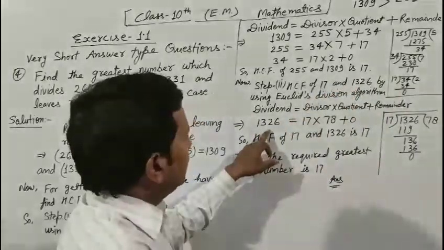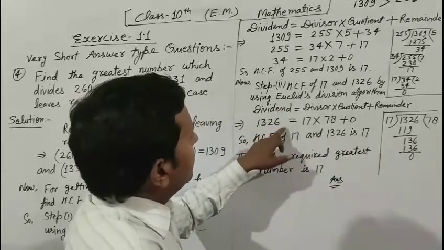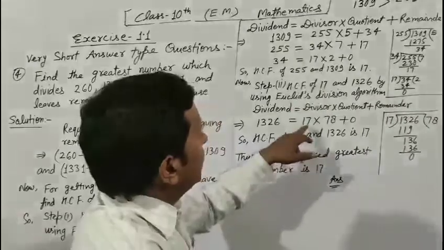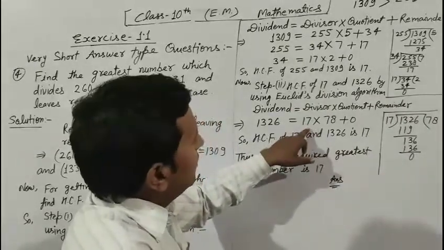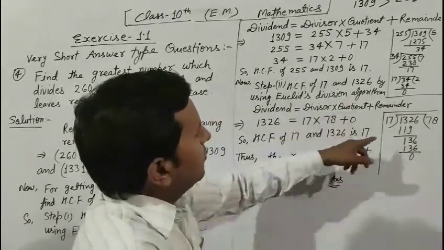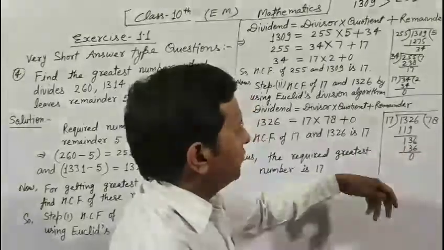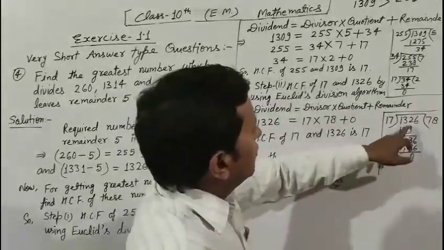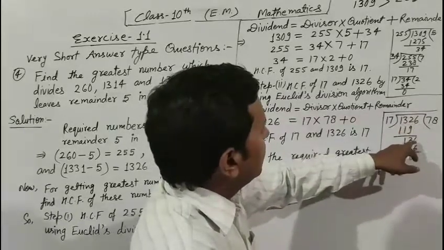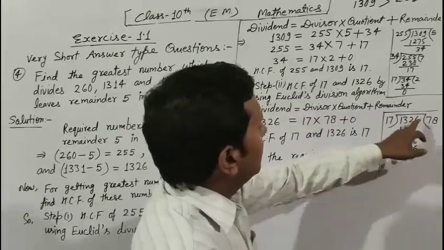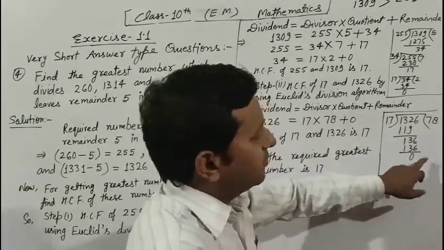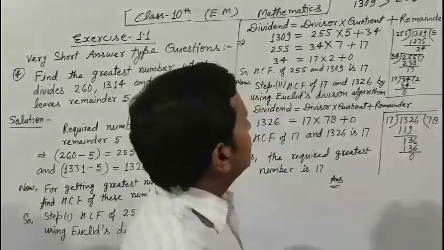We write 1326 as the dividend, and the divisor is the smaller number, 17. For the quotient, we divide: 17 times 7 is 119, and continuing we get 136, and 17 times 8 is 136, so the remainder is 0.